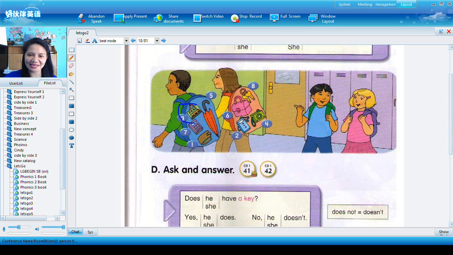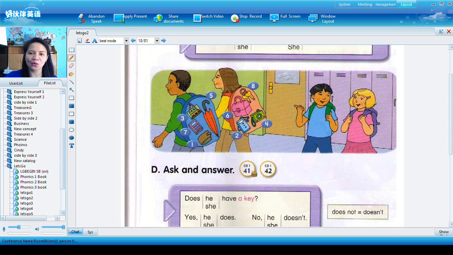And what does he have? You'll say, he has a train pass. And what does he have? You'll say, he has an umbrella. Good job. Now let's look at the girl.